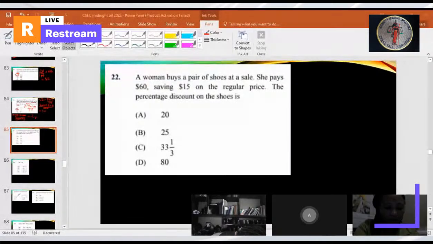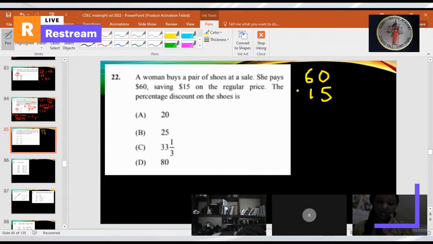The regular price is $75, because we added the price she paid plus the amount of money she saved. So the regular price is how much she paid plus the discount she got. That's a regular $75. So they want the percentage discount.